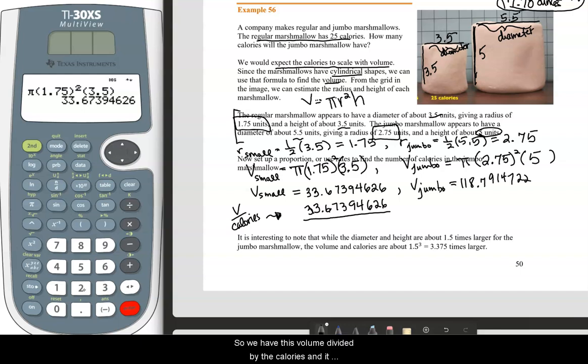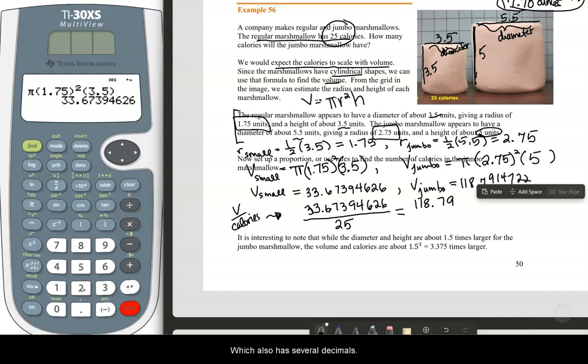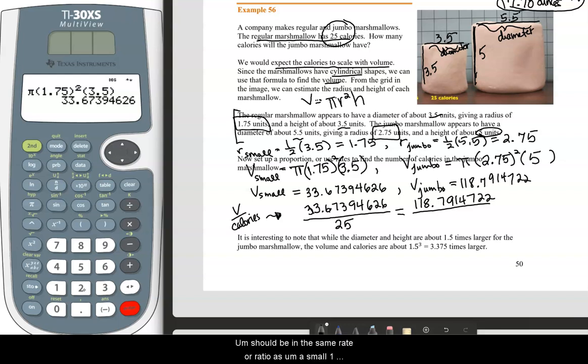So we have this volume divided by the calories, and it said way up here that a regular marshmallow has 25 calories. And we're going to say proportionally, the volume of the jumbo marshmallow, which also has several decimals, should be in the same rate or ratio as the small one. So once again, I put volume on top and calories in the bottom.